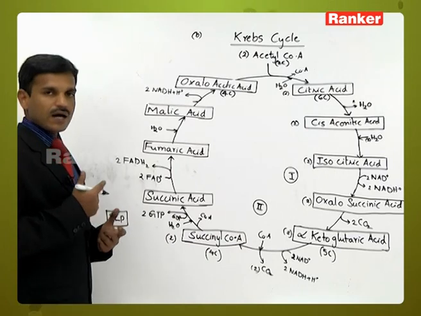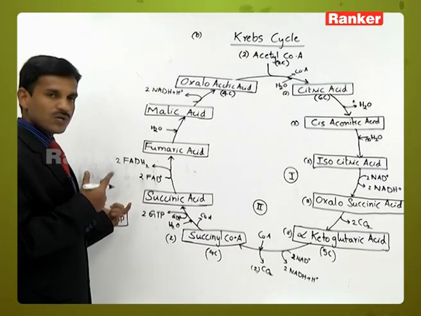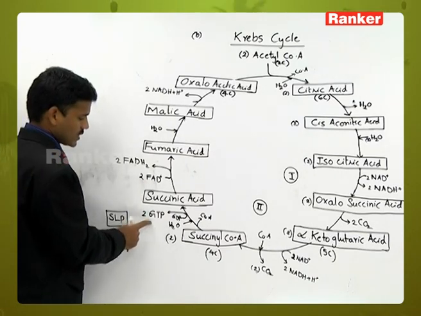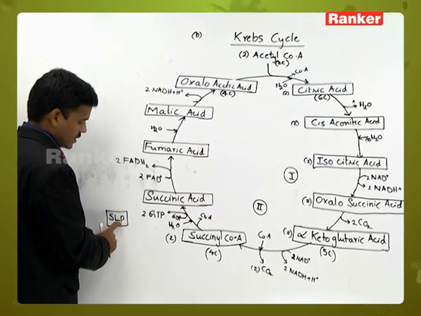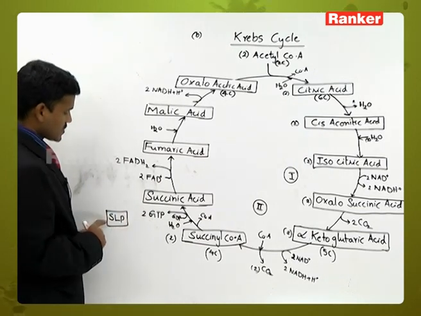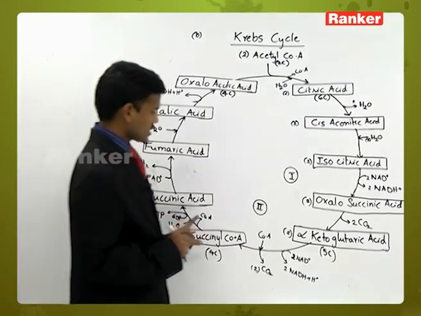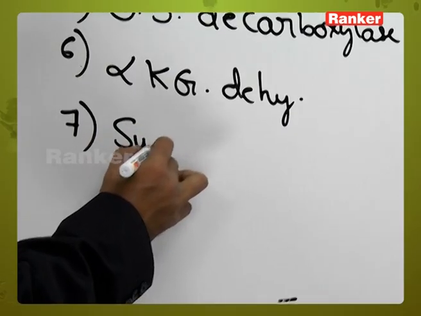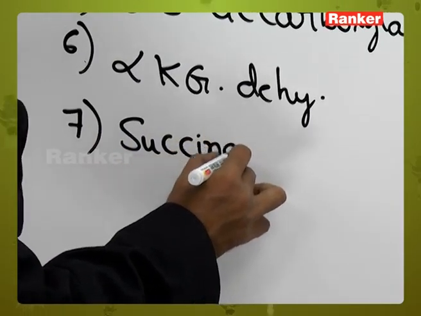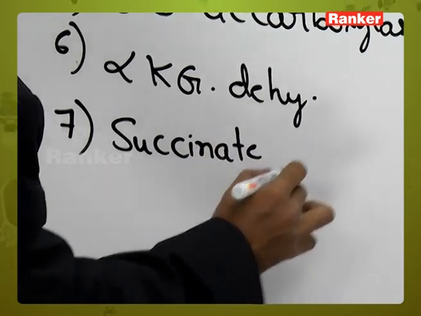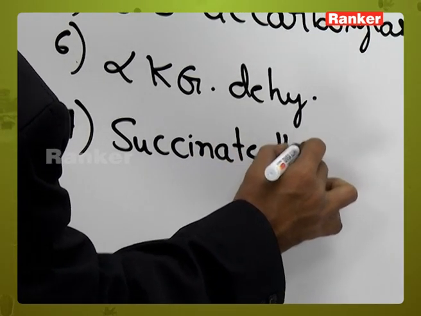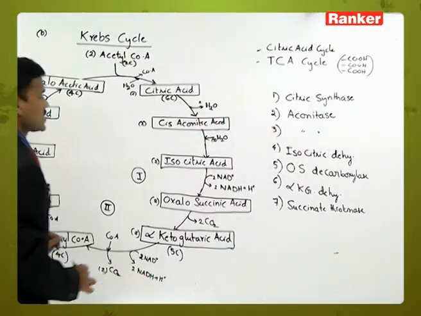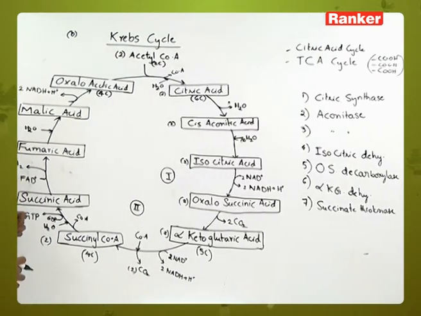As we discussed in glycolysis, at 2 points substrate level phosphorylations take place. Here, at one point, GTPs are produced directly by substrate level phosphorylation. This reaction is catalyzed by succinate kinase, or succinyl thiokinase.